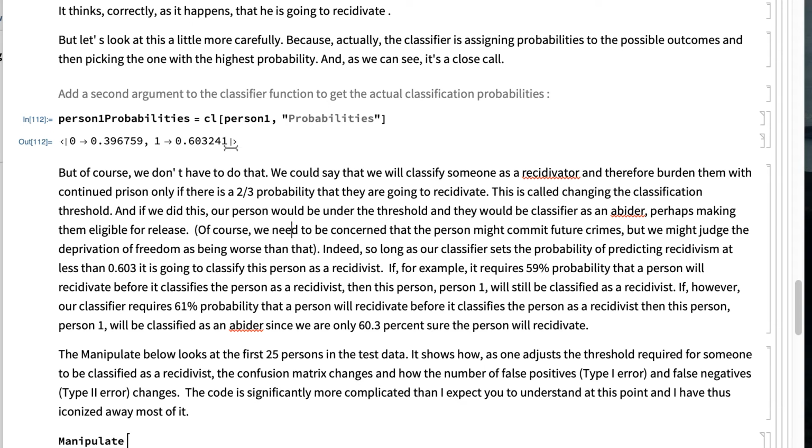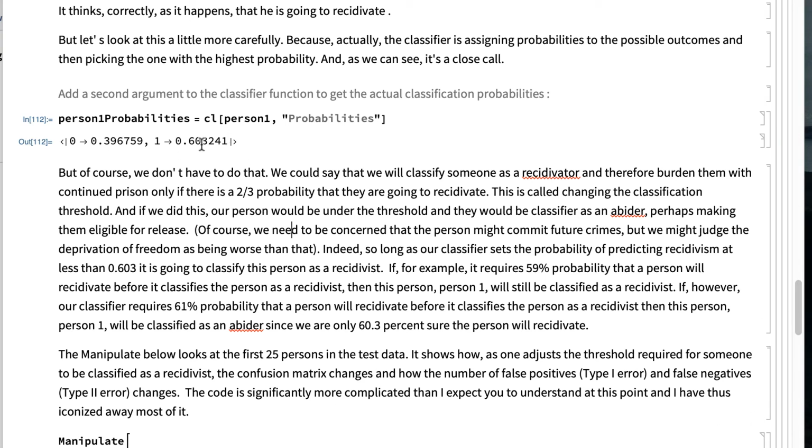With a 2/3 threshold, the probability is greater than half that they're going to recidivate, but we require 2/3, therefore we classify them as an abider. So long as the threshold is less than 0.603, we say they're going to recidivate. The moment it crosses the cusp of 0.603, we say they're going to abide.